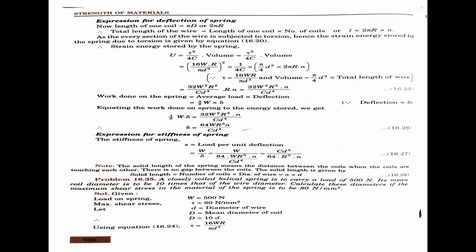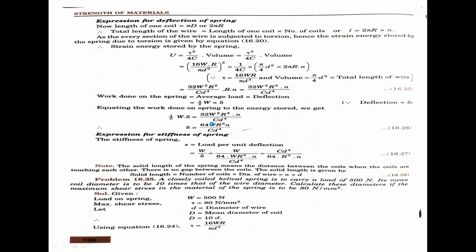Finally, substituting the deflection formula, W divided by 64 W R cube N by C d to the power 4, gives equation 16.27: the stiffness of spring is C d to the power 4 divided by 64 R cube N. This is the formula for calculating the stiffness of spring. Equation 16.26 is for calculating the deflection of a closed coil helical spring.